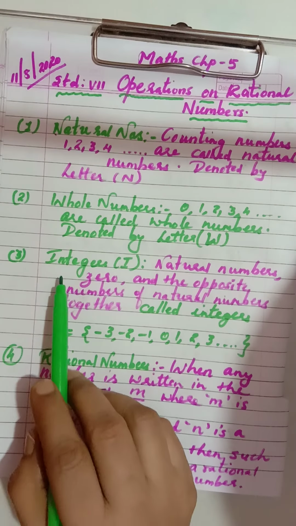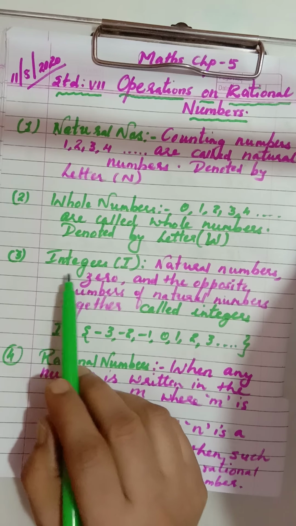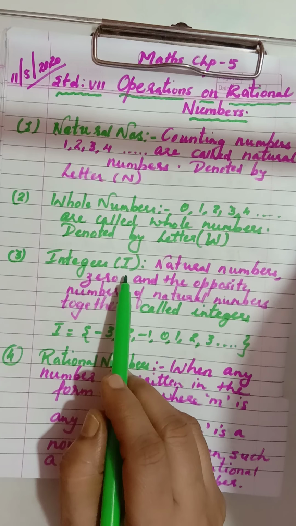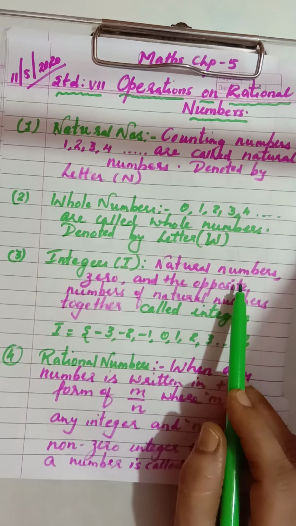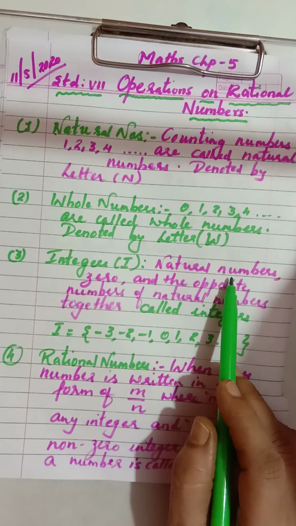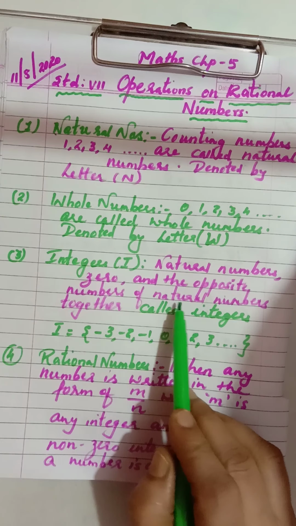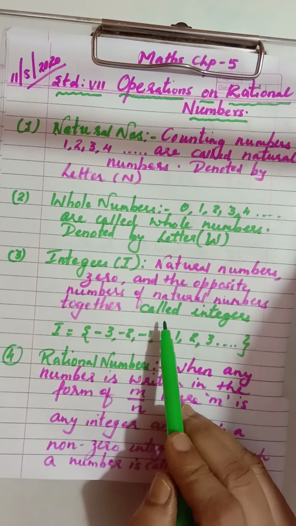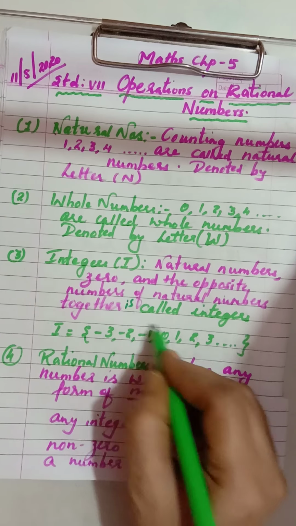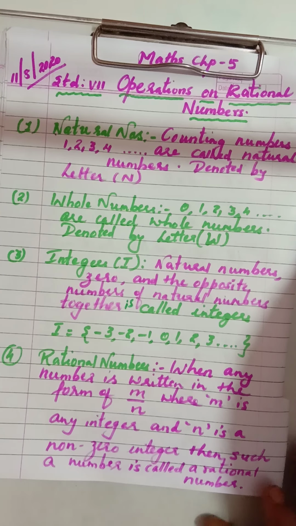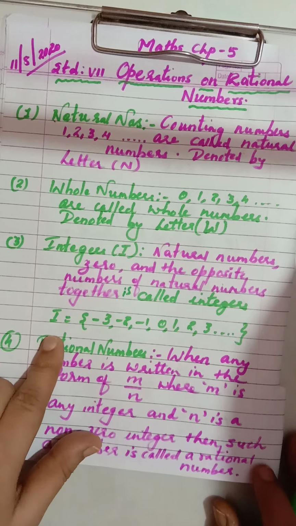Then moving to the third set of numbers, that is called integers, and it is denoted by the letter I. Now all the natural numbers, 0 and the opposite numbers of natural numbers together are called the integers. Here you can see I have written this set of integers.